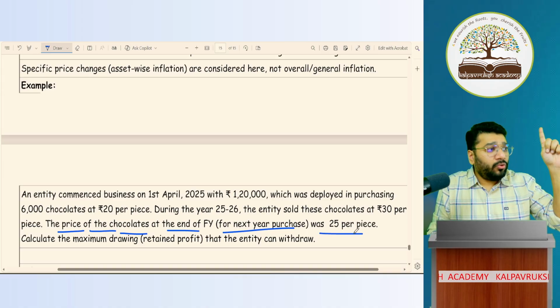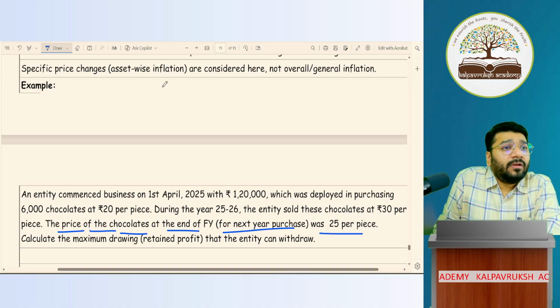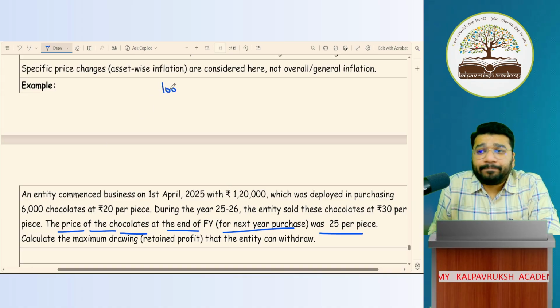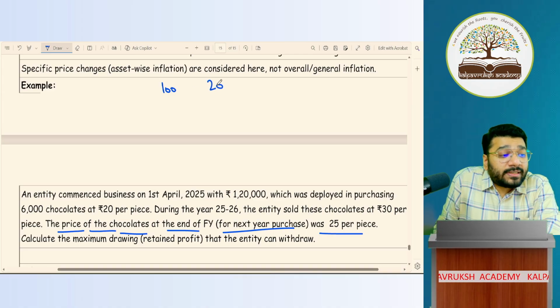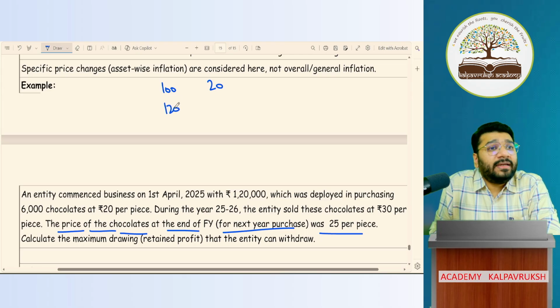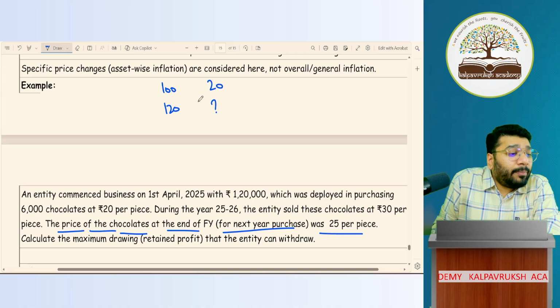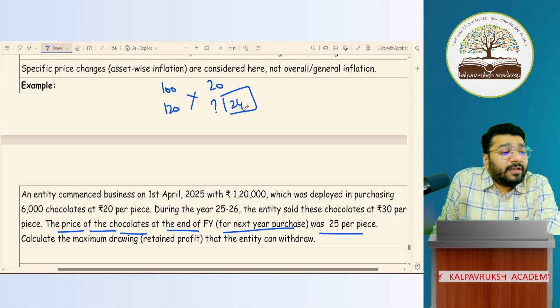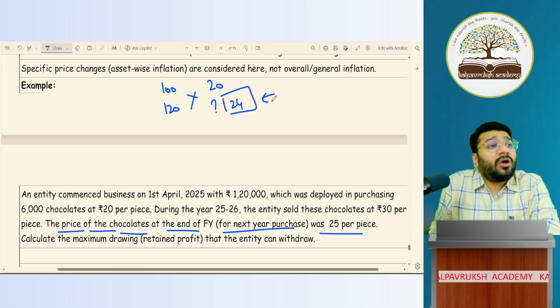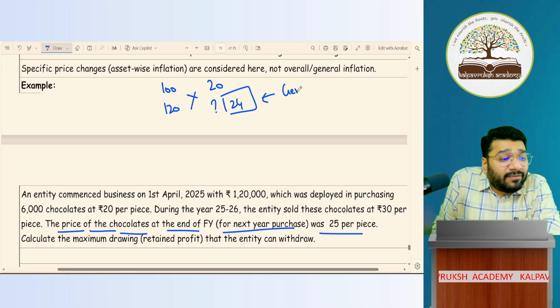Now, the previous question: when 100 was my general inflation index, the chocolate price was 20. Today, if I go and buy in the new financial year, the inflation index is 120. What is my proportionate cost price? 24. This 24 is the cost price considering the general inflation.